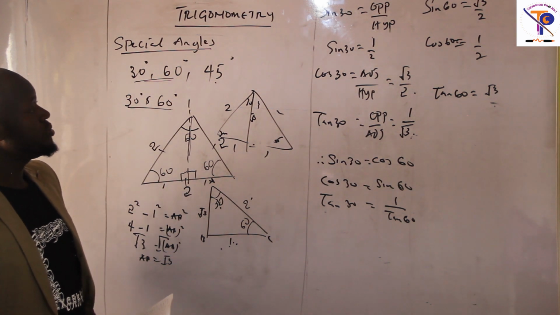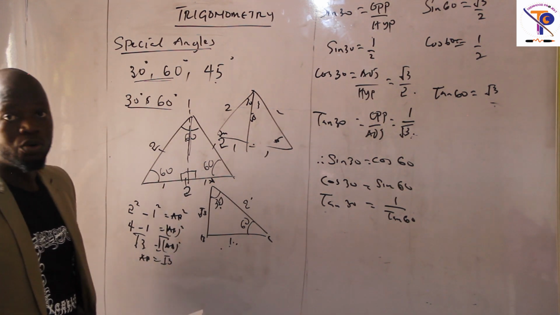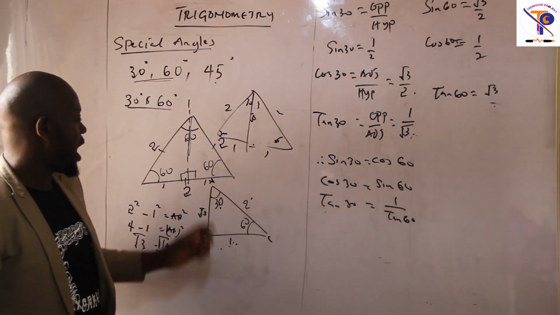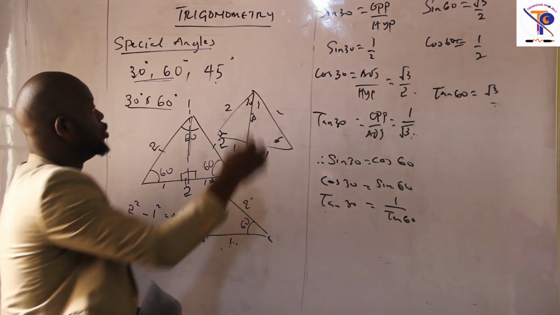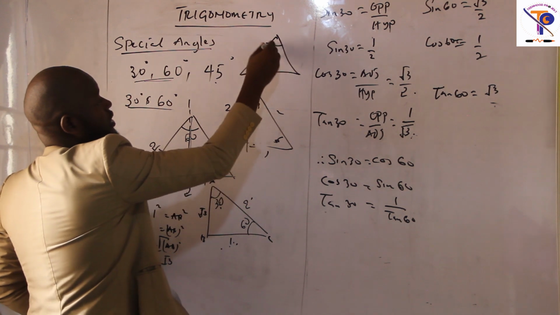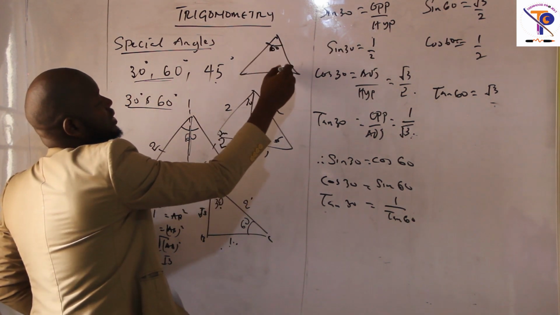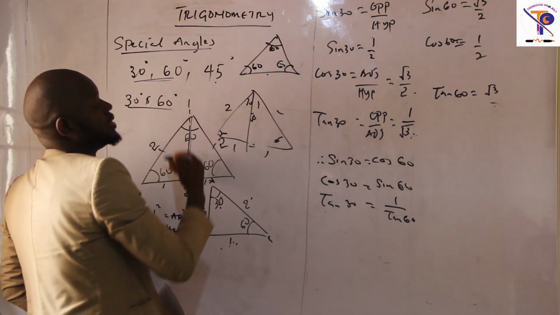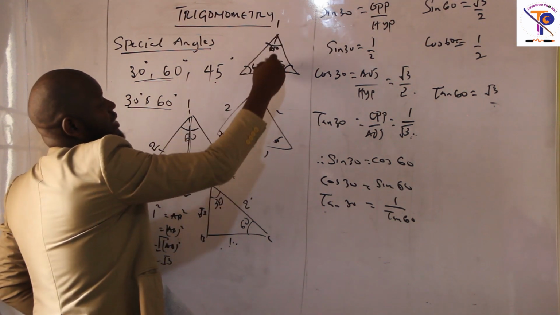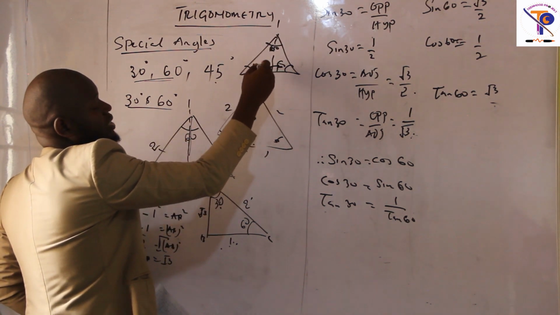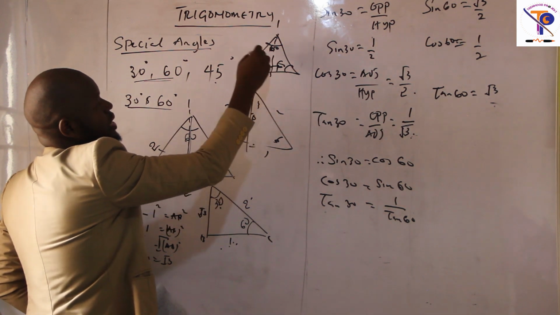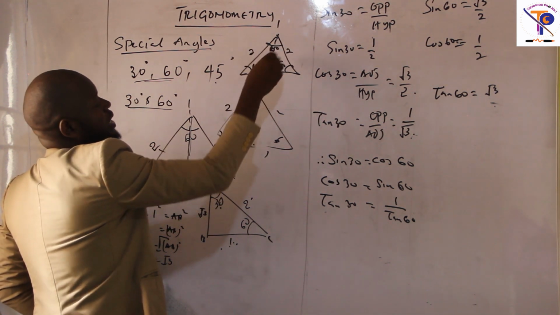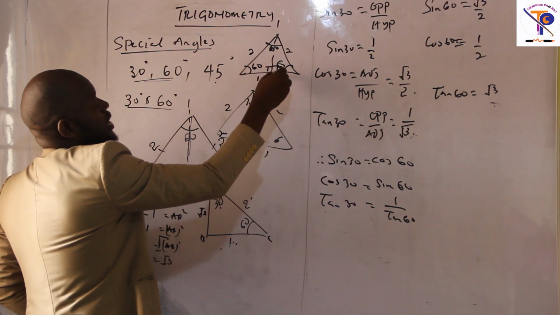So let me quickly go through this again. I was able to use an equilateral triangle with 60, 60 and 60. Then I bisected it into 2 equal halves, so I have 90 degrees as a perpendicular. So if I have 2 here and I have 2 here, then everything will be 2, that is 1 and 1.